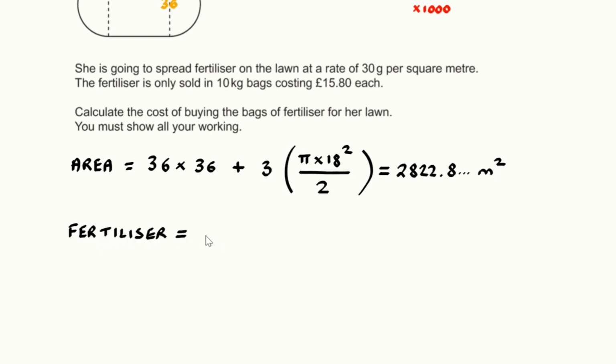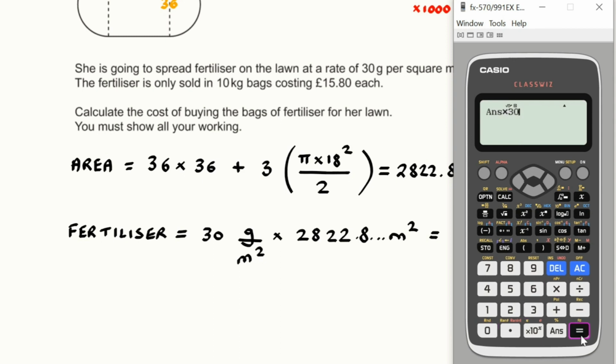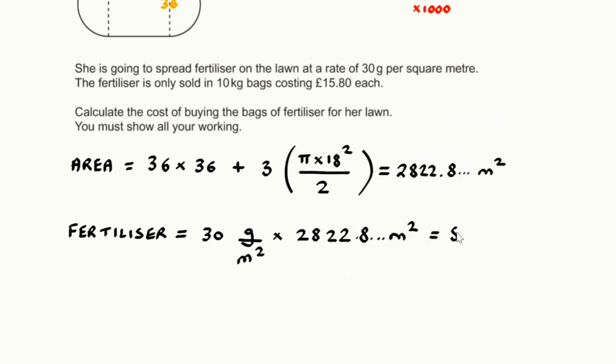we require, we've got 30 grams per meter squared multiplied by 2822.8 etc. meters squared. So if I multiply this by 30, I get 84,684.42 etc. grams.